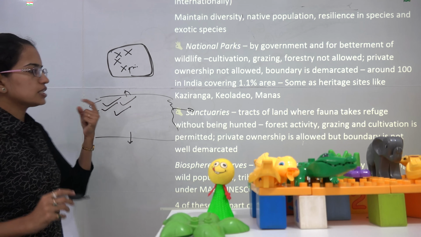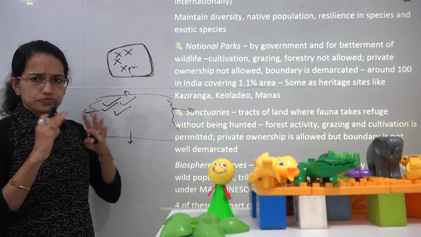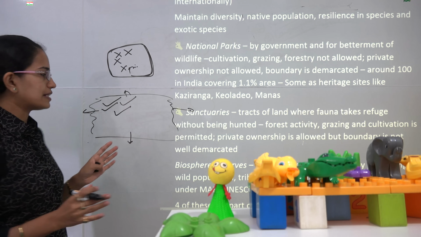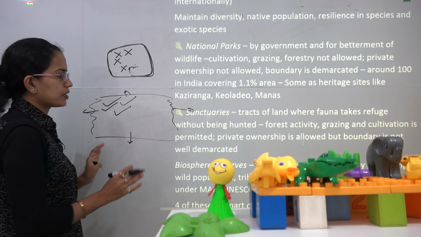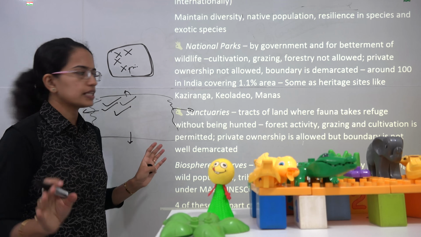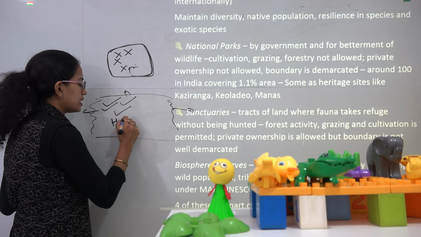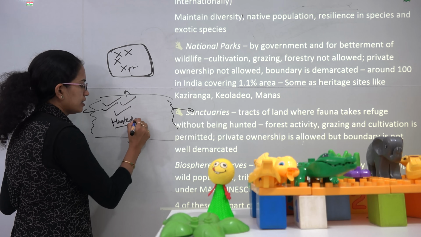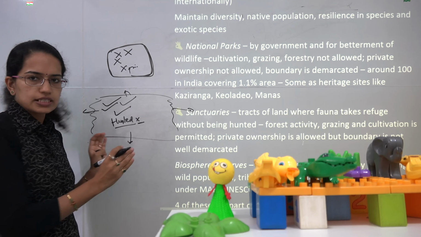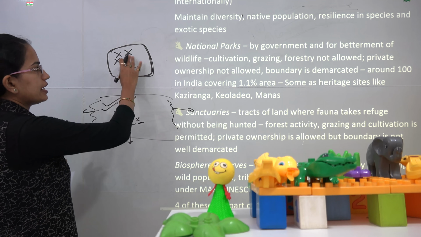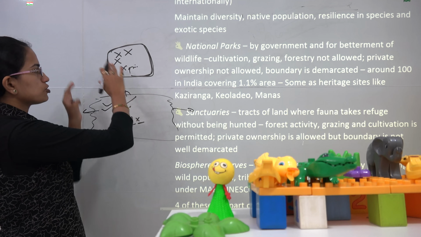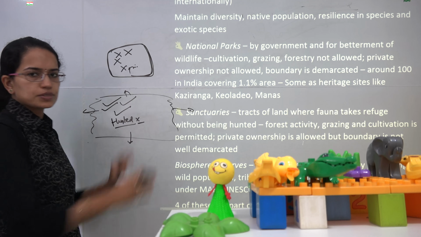The animals are open in that area. However, the key aspect is that the animals are not hunted. Hunting is the only thing restricted in that area, and it is under government control, so everything is protected and preserved.